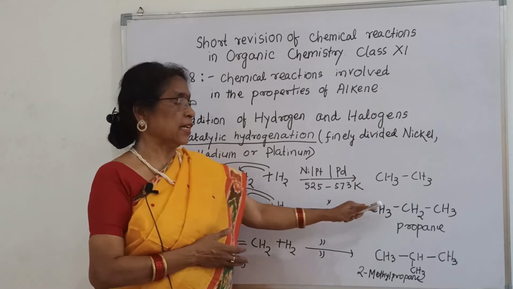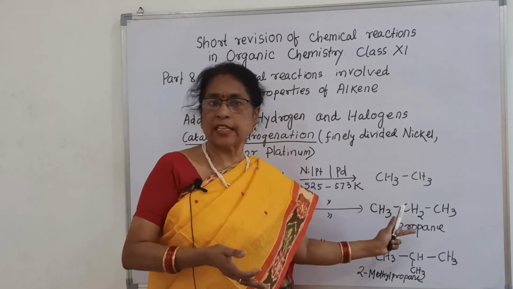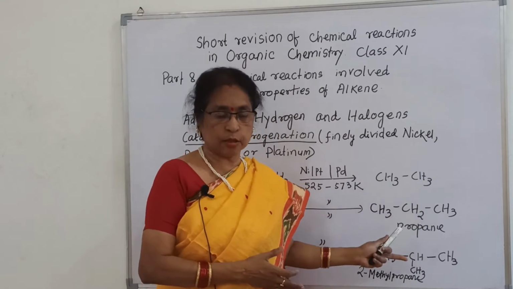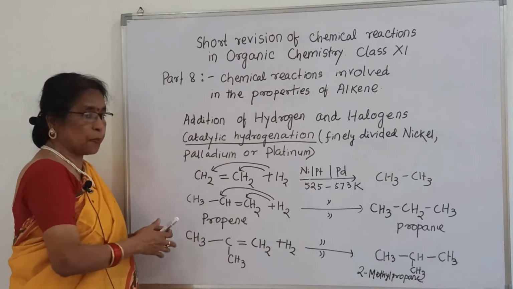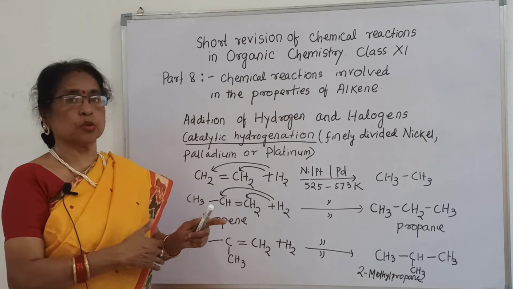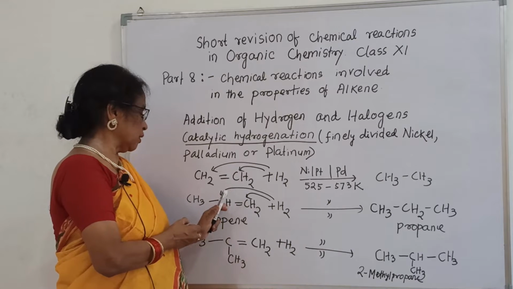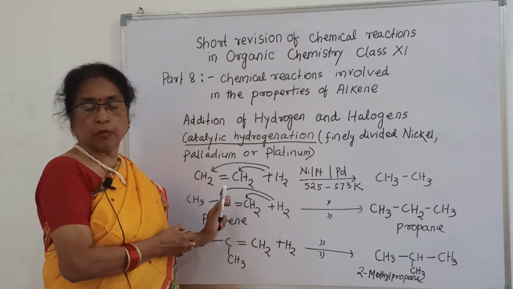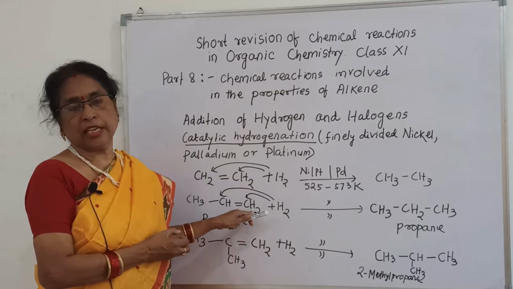So here it changes to all single bond alkane, and since it contains 3 carbon atoms, it is propane. Again see, hydrogen comes to one carbon and the other carbon of the double bond, and here addition takes place.